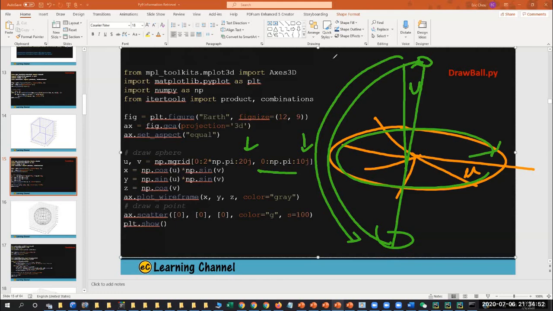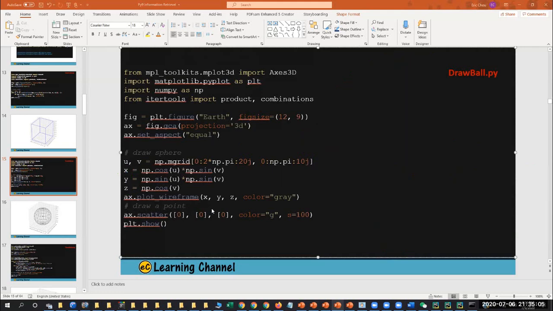And we calculate it and get the X, Y, Z data. With that data, we use plot wireframe. Wireframe means we will create a wireframe, and then do a scatter chart. The scatter chart is just drawing the original point, the green original point. To create a wireframe, you will see that. Okay, that's wrong.